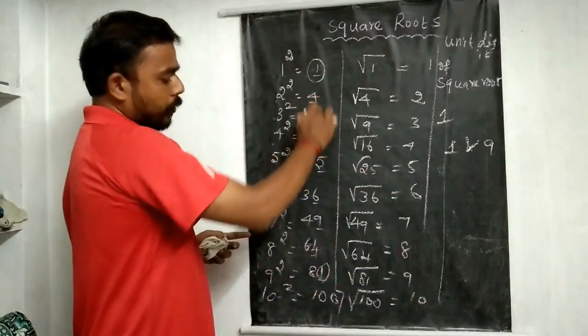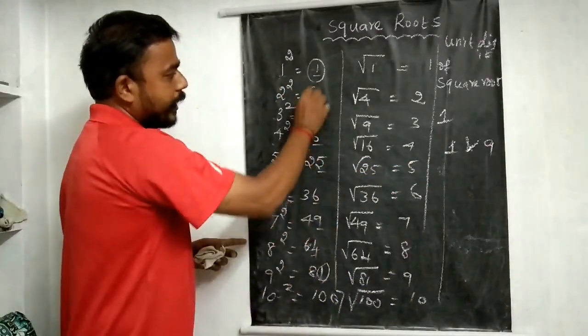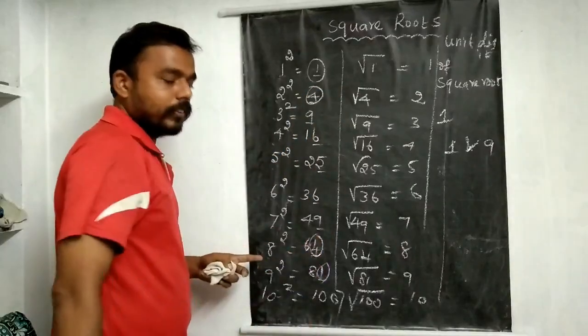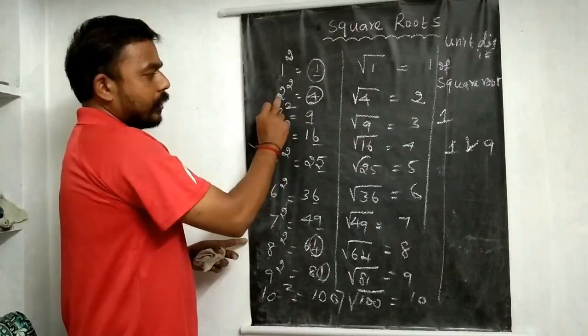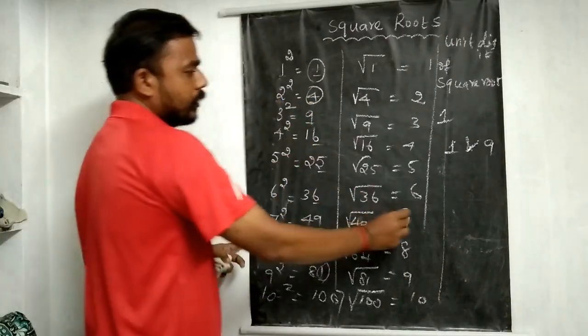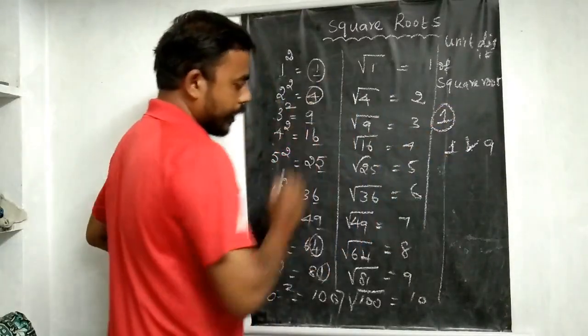The same way with 4, here also 4, here also 4. So the possible unit digits of the square root: if you have a number ending in 1, it implies 1 or 9.